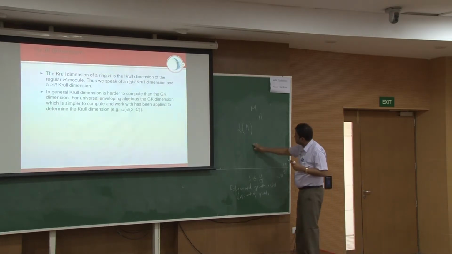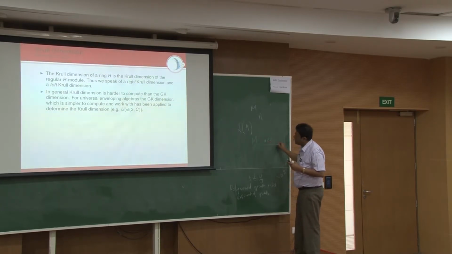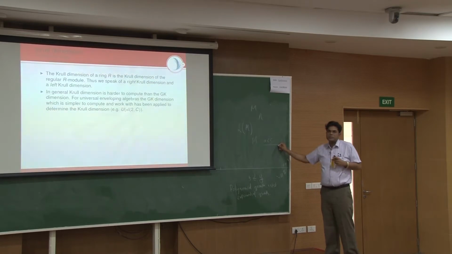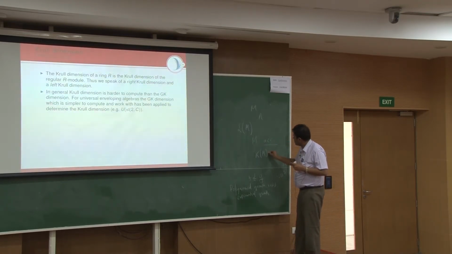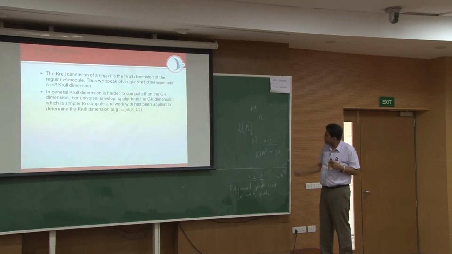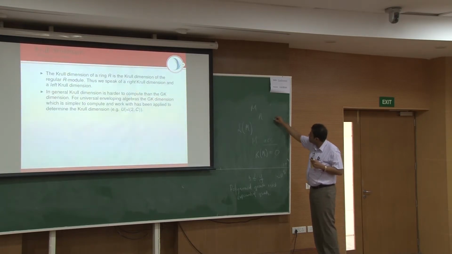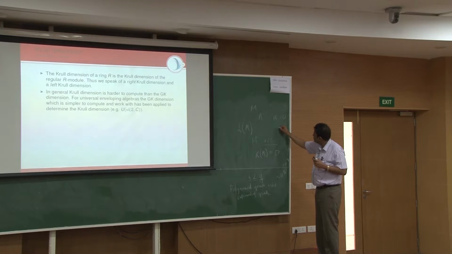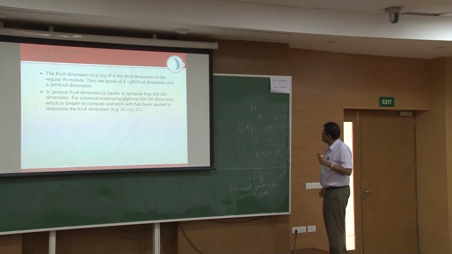For example, if we know that this module M satisfies ACC, then the Krull dimension is defined. If M is trivial, if it's 0, we define the Krull dimension to be minus 1. So K of M is minus 1.